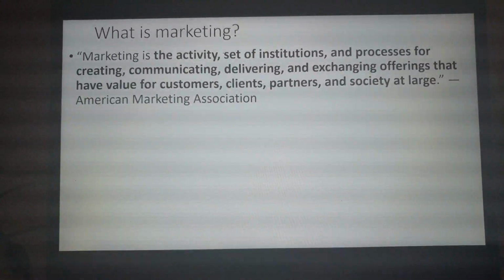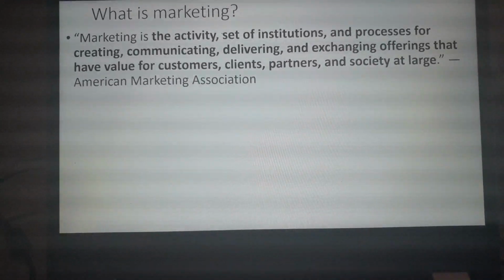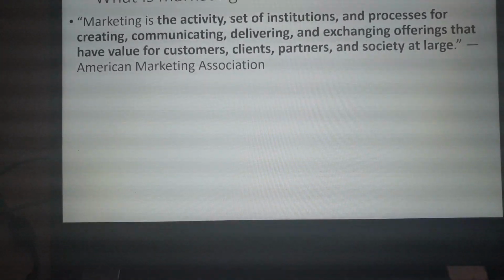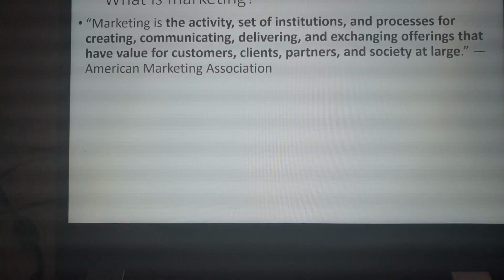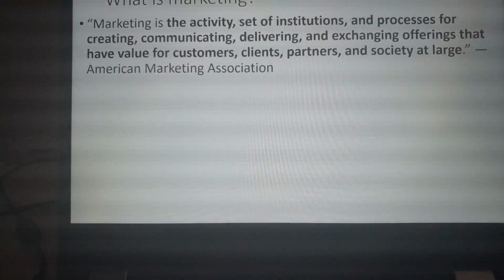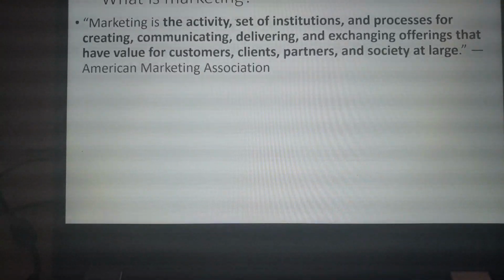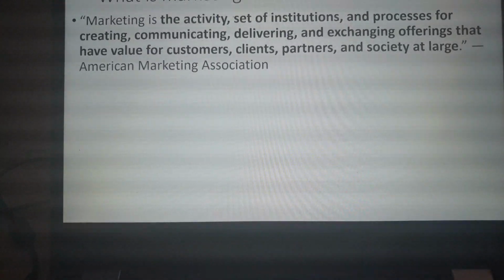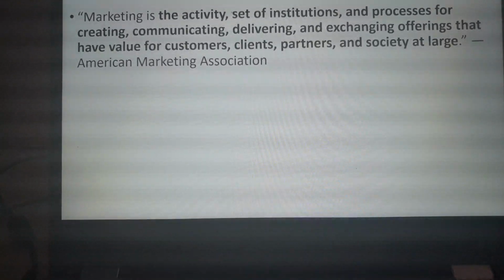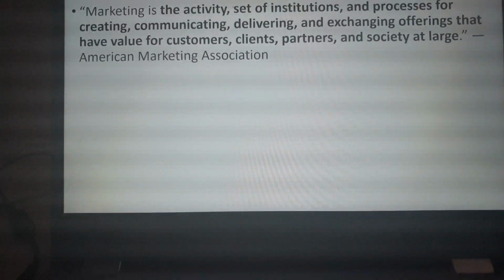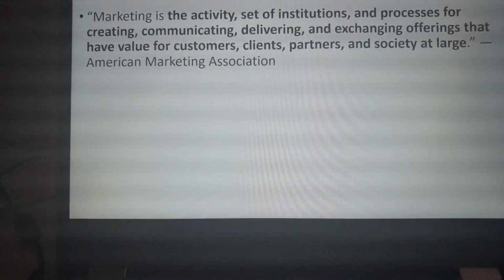And what's marketing? Marketing is the activity or a set of institutions and processes for creating, communicating, delivering, and exchanging offerings that have value for customers, clients, partners, and society at large. That's the American Marketing Association.